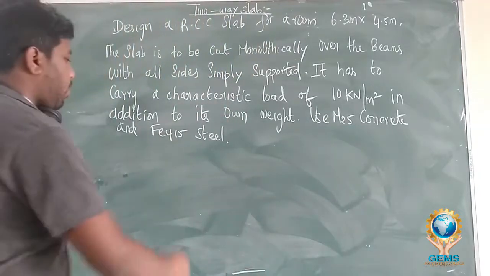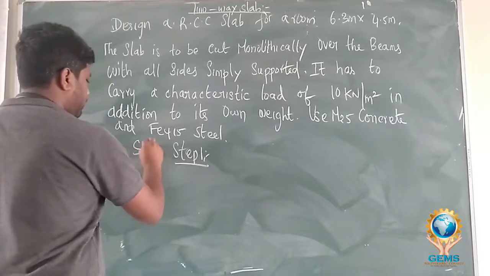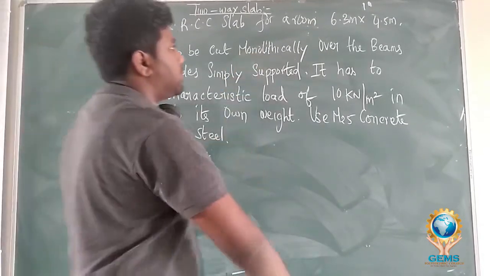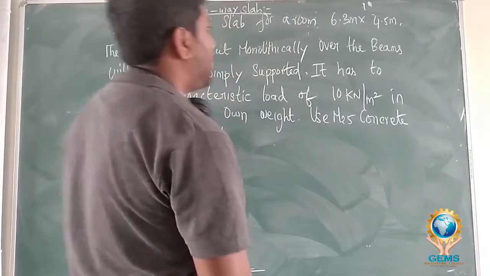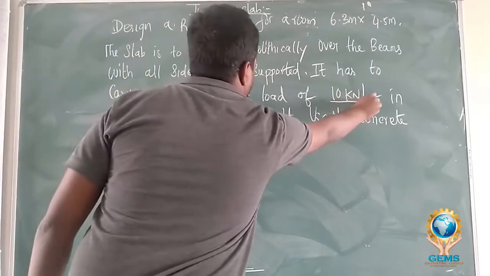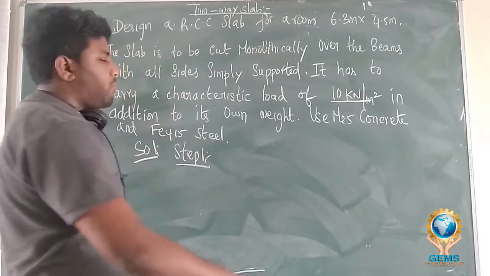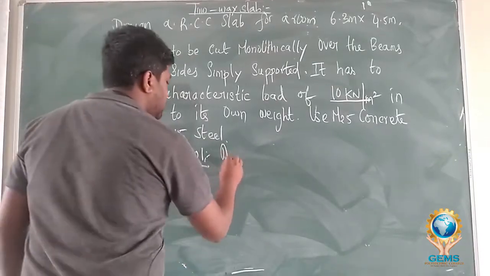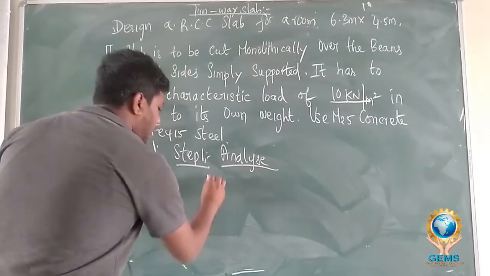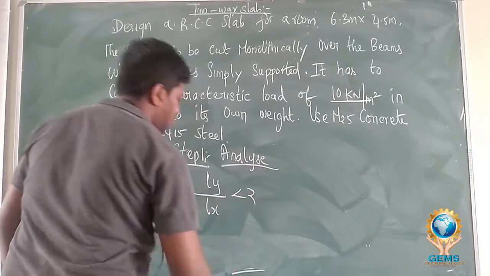So what is step number 1? Solution: you can write the given data. Ly is 6.3 meter, Lx is 4.5 meter, the live load is 10 kilonewton per meter square, and use M25 concrete and Fe415 steel. Step 1: analyze the slab. Ly by Lx should be less than 2.